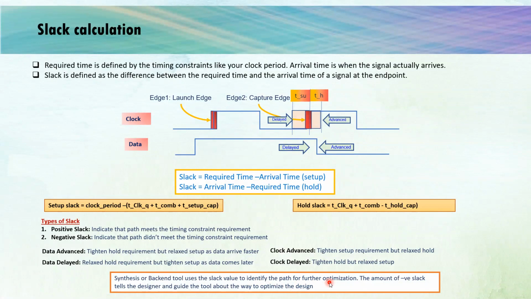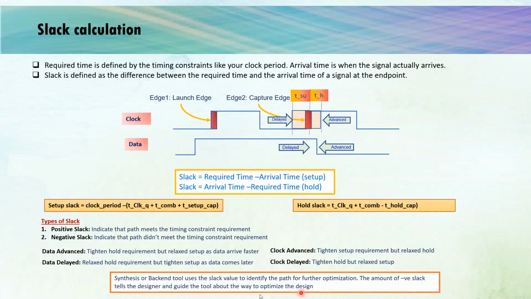Based on the negative slacks, it tries to optimize in the second, third, fourth iteration. It keeps doing it till it exhausts its iteration limit, or all the paths are meeting the timing constraint set in the SDC file.